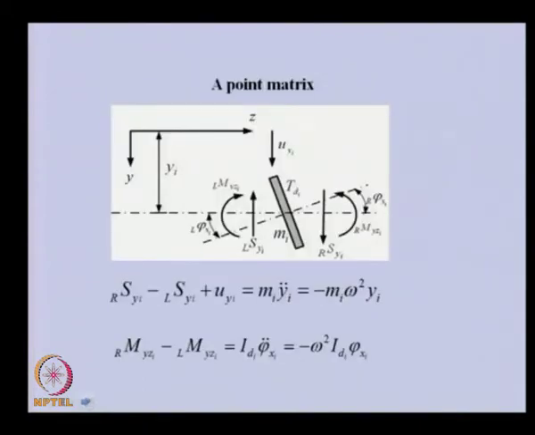And when we consider the gyroscopic effect, we will see that especially the point matrix will get affected, and some of the terms which are 0 here will have some matrices. So, once we are done with the field matrix, now let us come to the point matrix. For that I have taken the free body diagram of the ith disk.